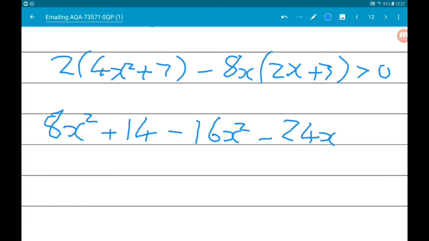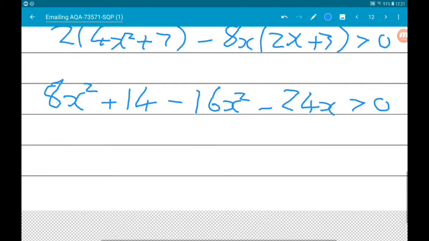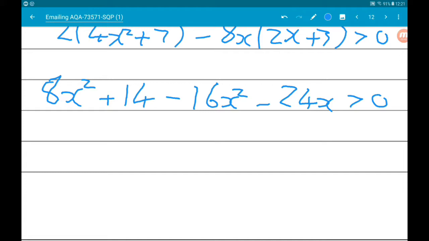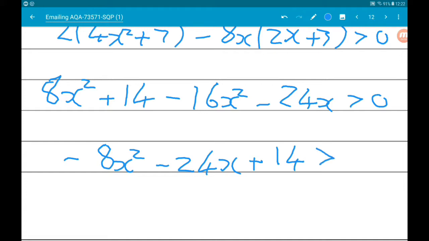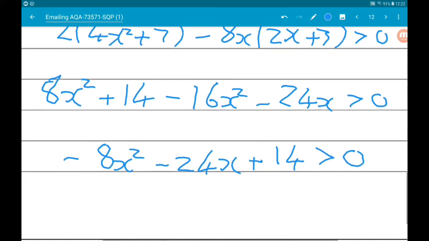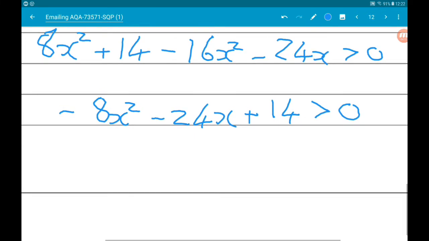So all of that is greater than 0. Now we got 8x squared minus 16x squared, so we got minus 8x squared. And we got minus 24x. Add 14 is greater than 0. We got a common factor of 2.